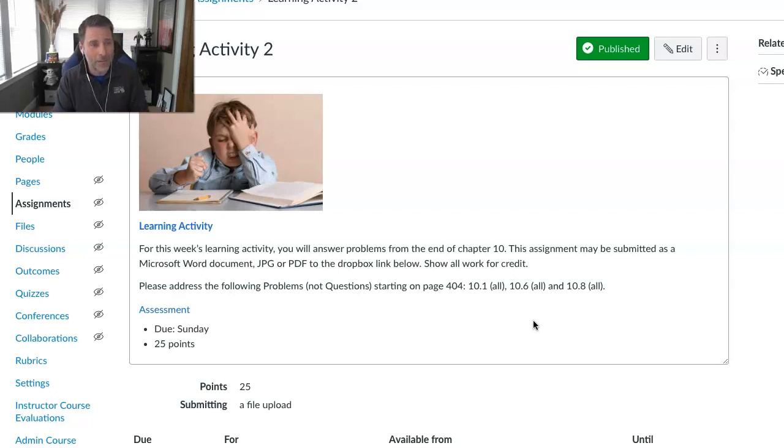I have had students where it says do problem 14.1, and they did question 14.1. They'll flip them back and forth. Just make sure that you got the right one.